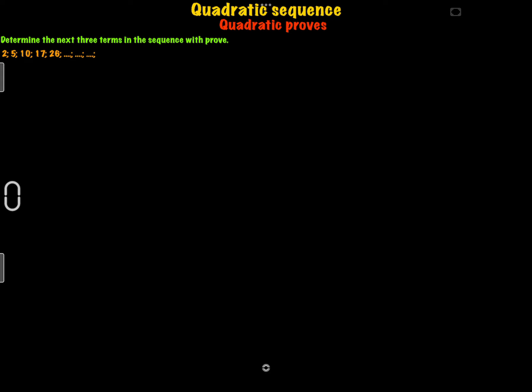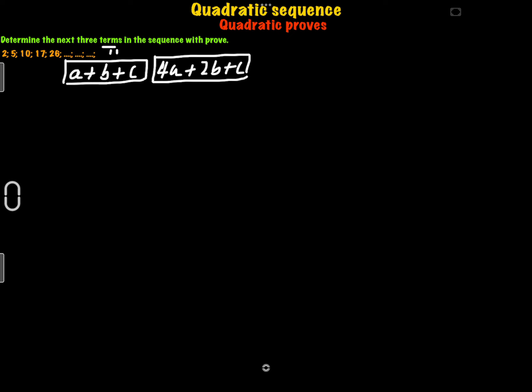terms. In this case, we have A plus B plus C. This we denote as the first term, or term 1. Equally, you will have the second term, which is 4A plus 2B plus C. That is our second term, term 2.